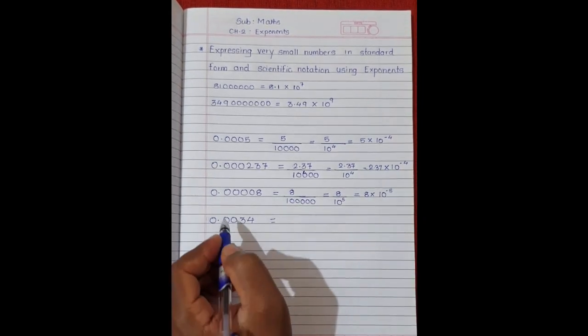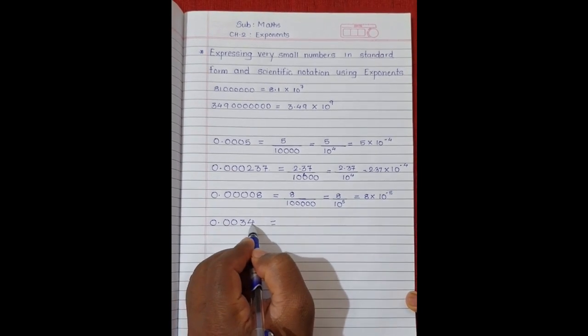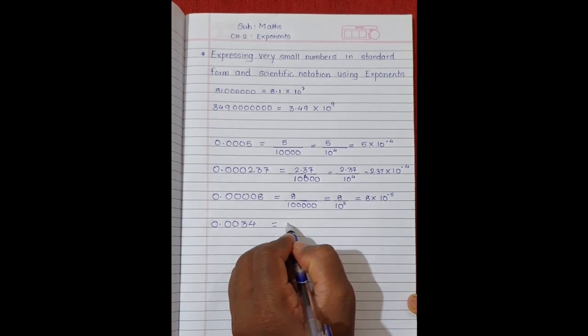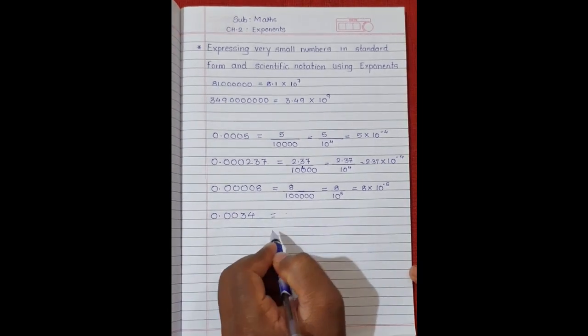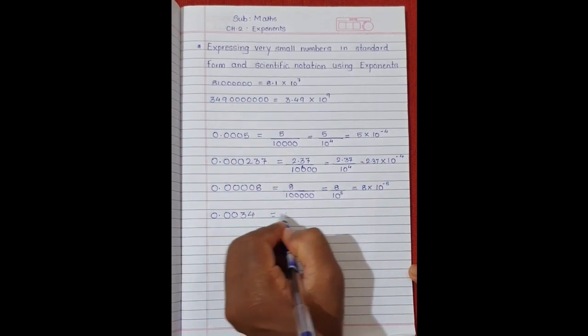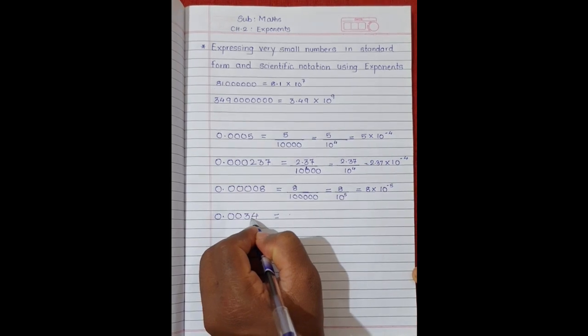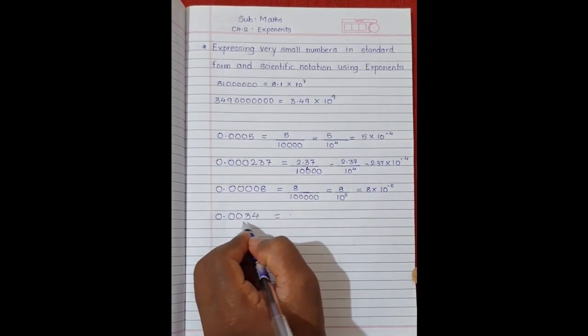Fourth example, 0.0034. Here also, where will you put the decimal point? We want the number in the numerator between 1 to 10. So what we are going to do, this decimal point we will shift here after 3, so that we will get 3.4, a number between 1 to 10.